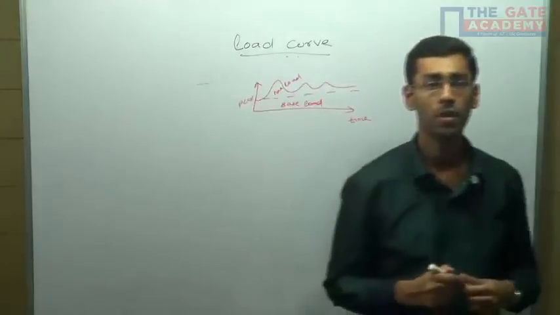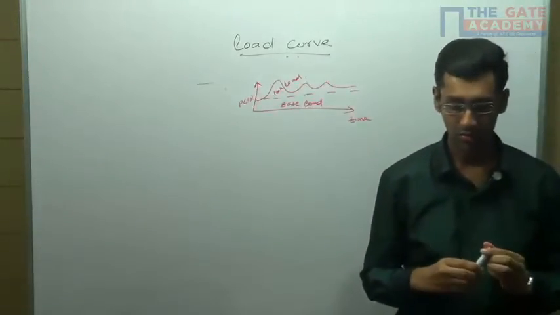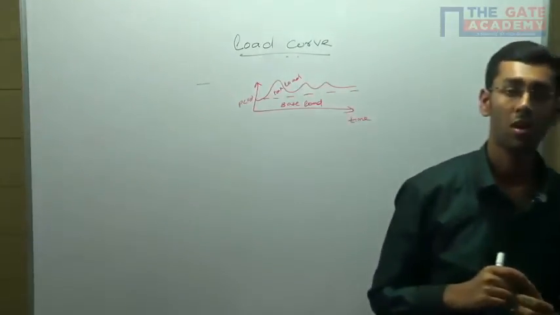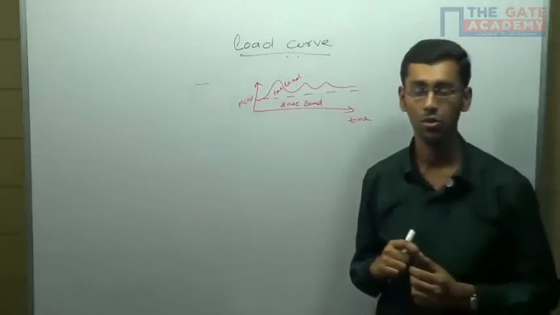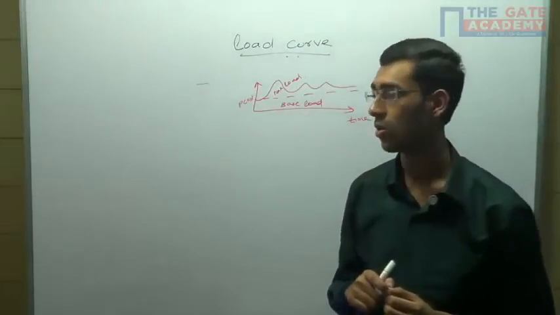Now here what we need to understand is, in the base load and peak load, which of our plants are operated for the base load and which for the purpose of peak load.